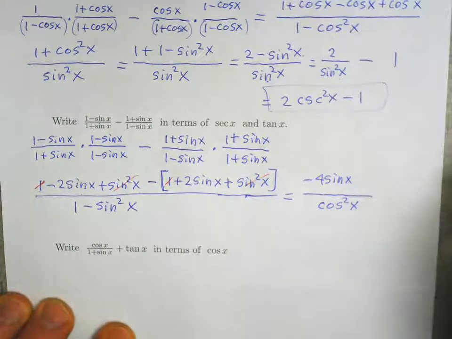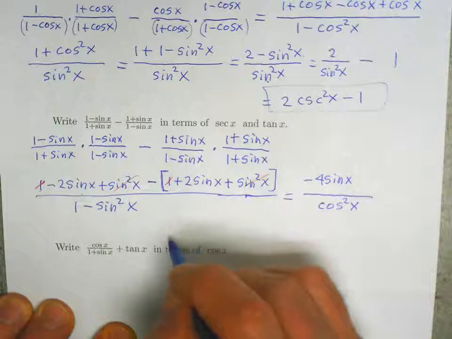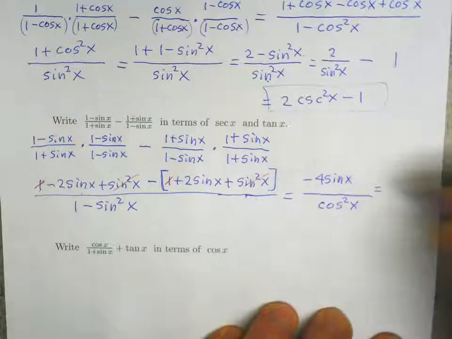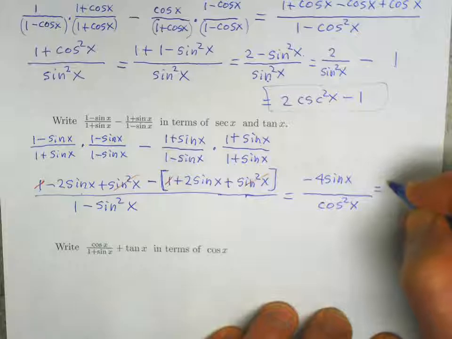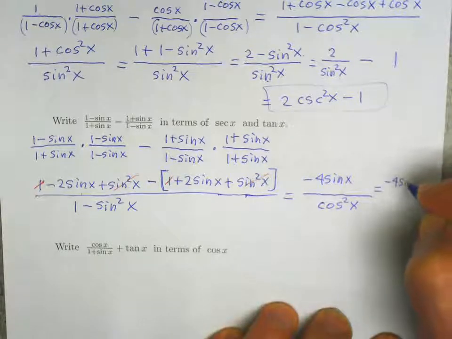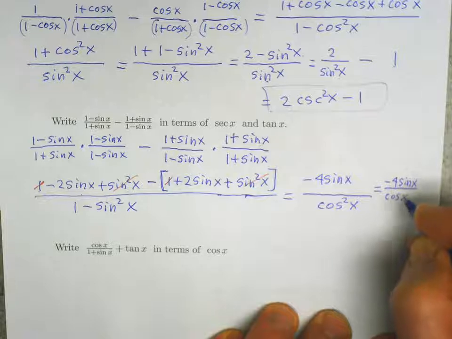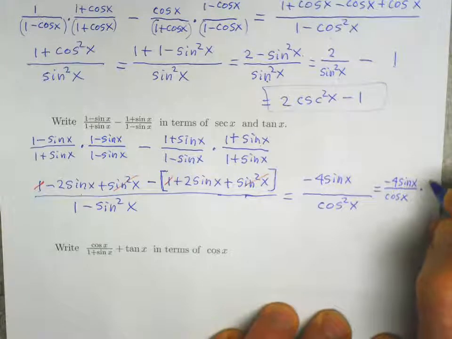Okay, so I'll put in one more spot here. Let's write this as negative 4 sine of x over one of the factors of cosine of x times 1 over cosine of x.